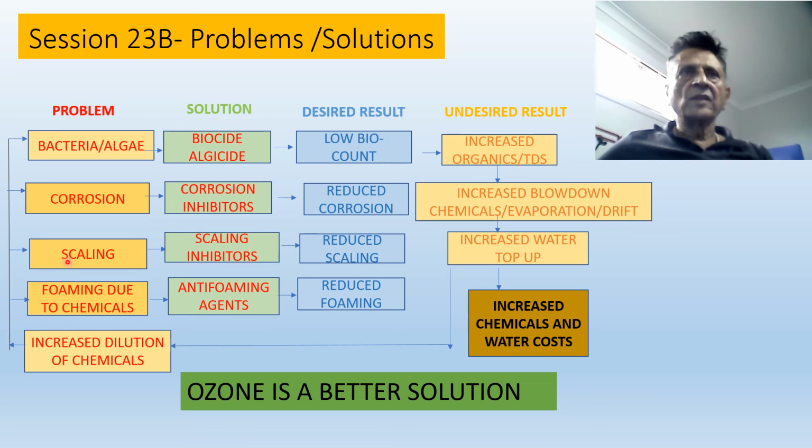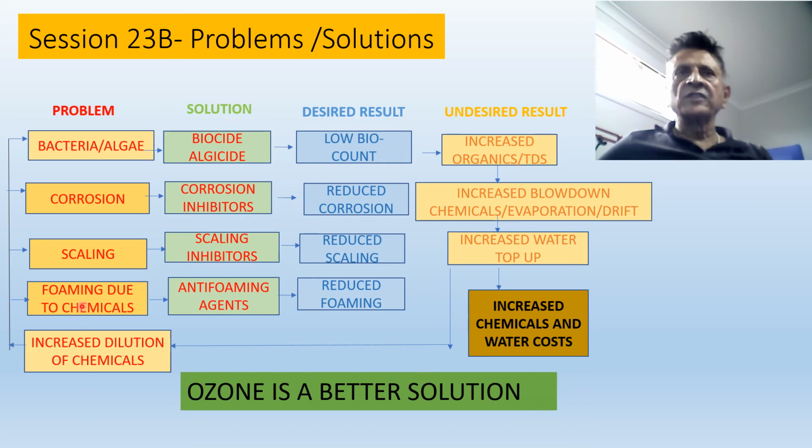Also, we have scaling, which is a problem. We add scaling inhibitors, so we reduce scaling, but that will cause increased organics and TDS, and we have to increase blowdown. Then we have foaming.